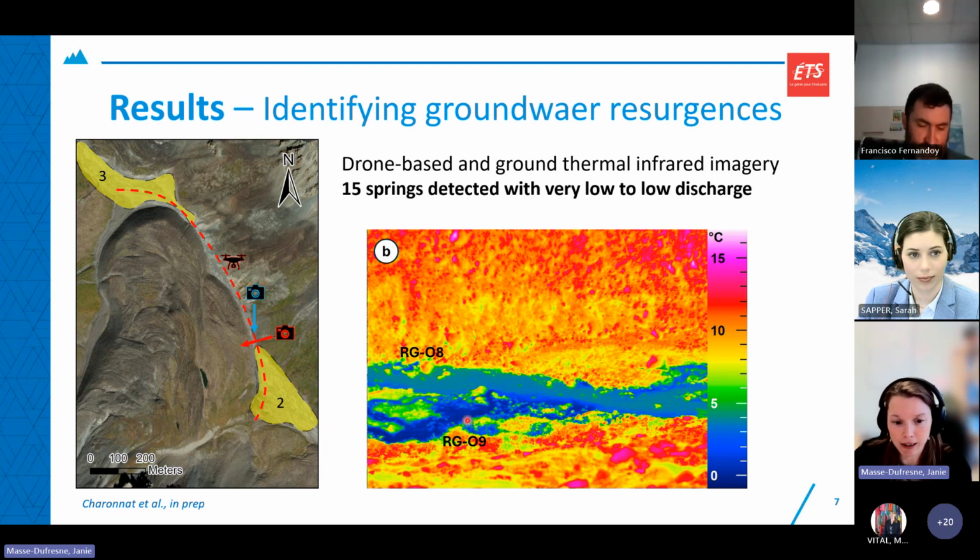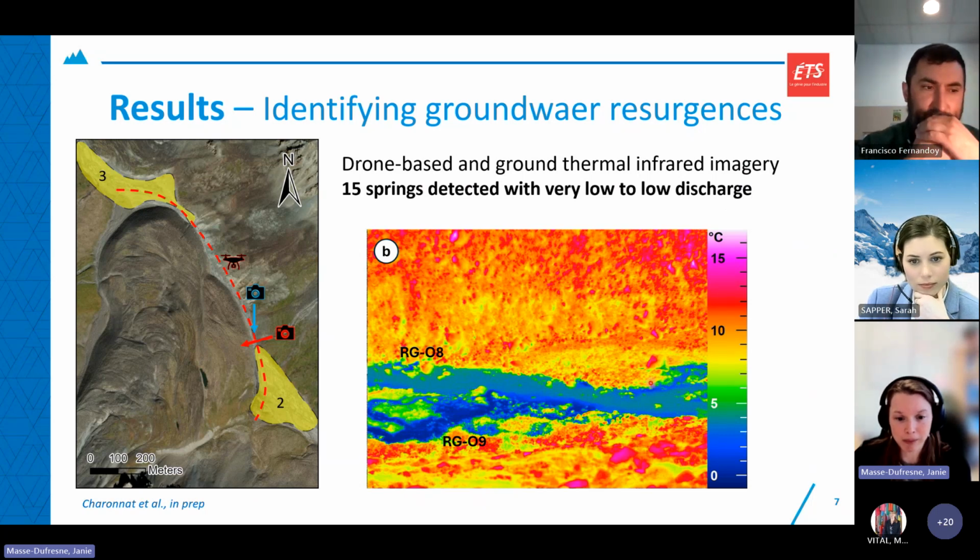So very low temperature of the water from this side going to the stream, and also from this side and just here. So we've been using this method to identify where the water is coming from the sides of the stream. So potentially parafluvial flow or resurgence of groundwater.